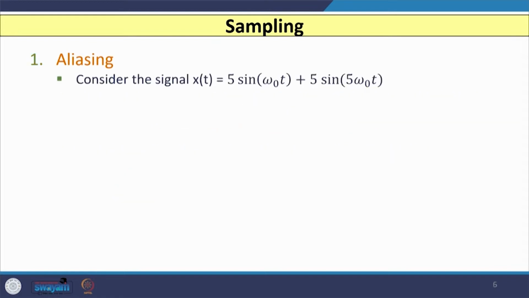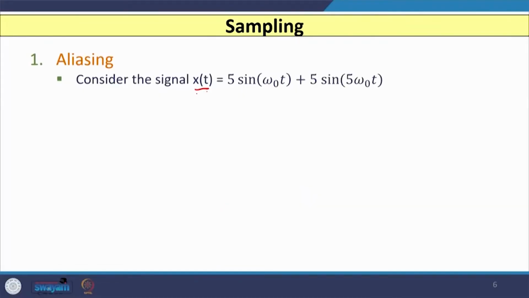Now, to understand the aliasing in more detail, let us consider a signal x(t), which is given by 2 terms. The first term is 5 sin omega 0 t, where omega 0 t is nothing but 2 pi f 0 t, f 0 being the fundamental frequency, and the second part is 5 sin 5 omega 0 t.